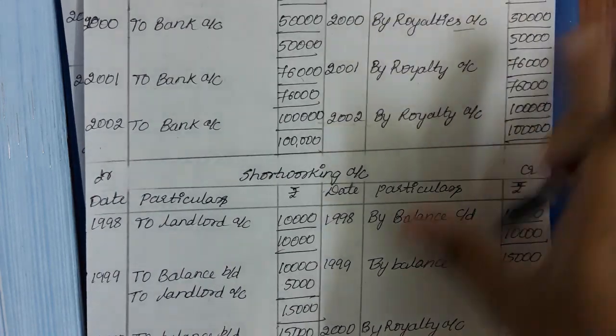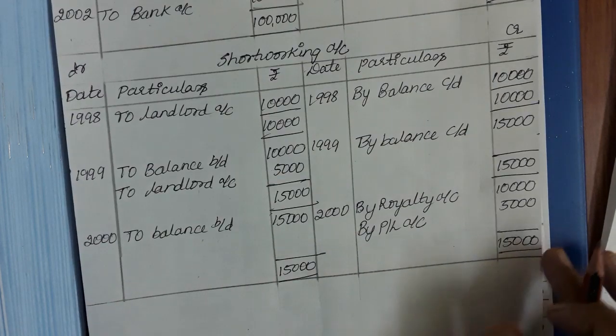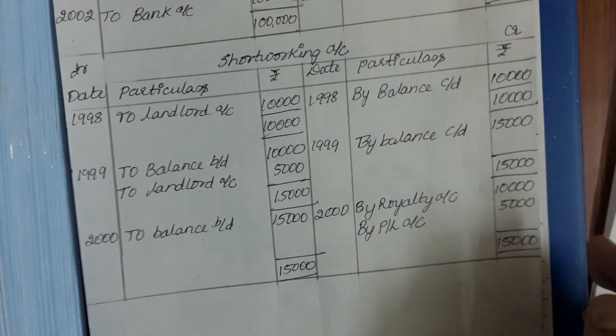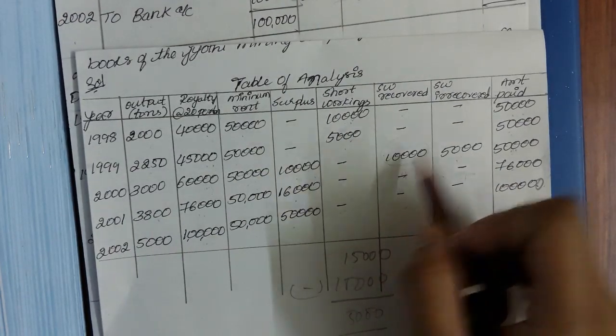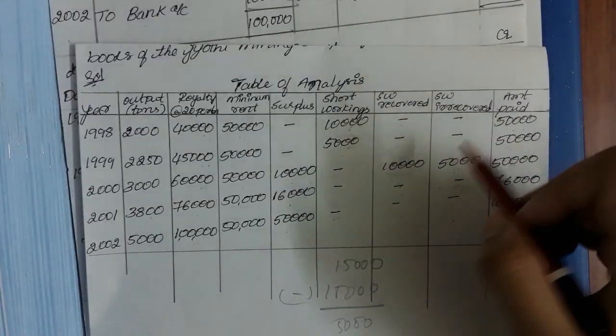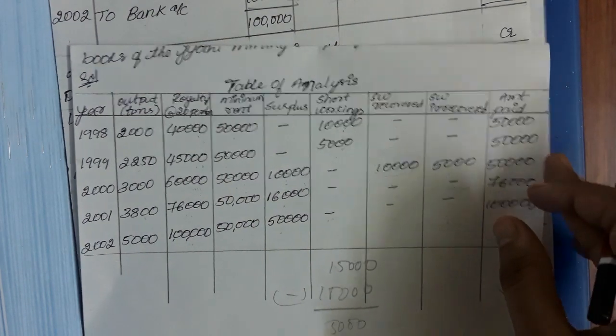Next you need to close the accounts for each and every year. Then next you need to prepare the short workings account. How to prepare the short workings account? Whenever there is short workings recoverability or irrecoverability, only that time the short workings account is prepared.